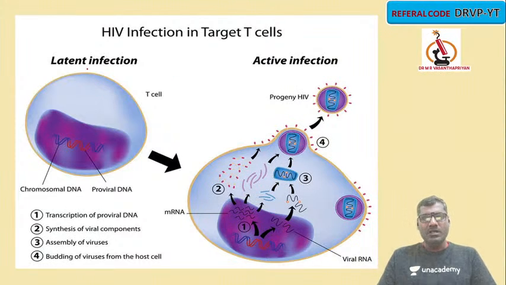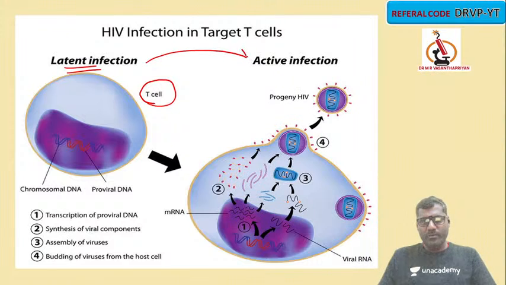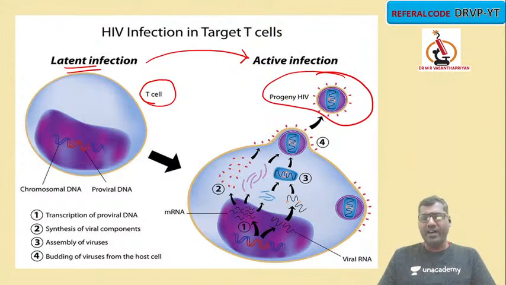Okay, yes, you can see a latent infection means the virus will be present and a slow replication will happen. From the latency, if the virus moves into the active state, it produces new viruses.